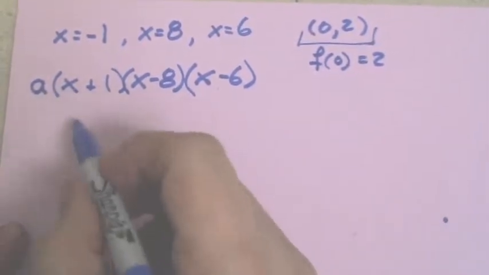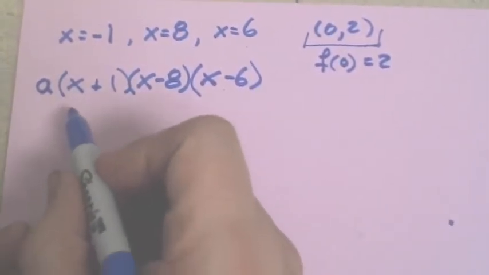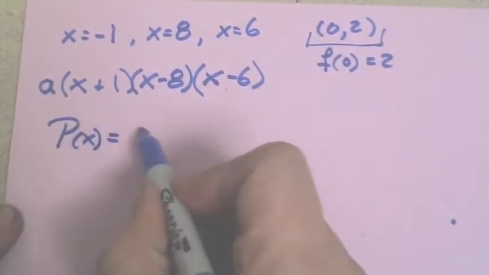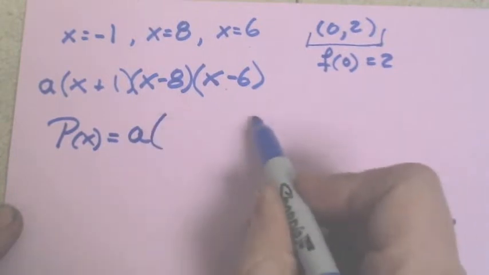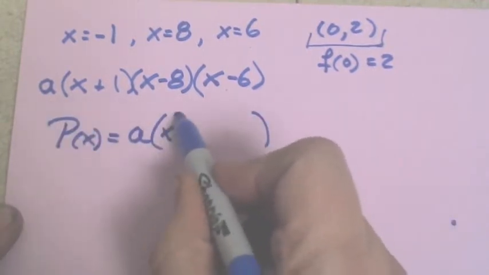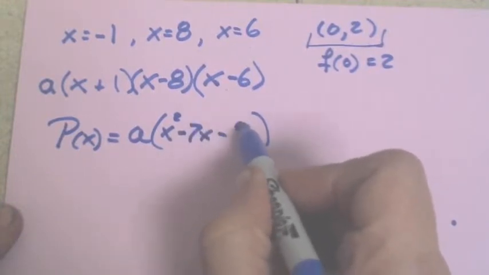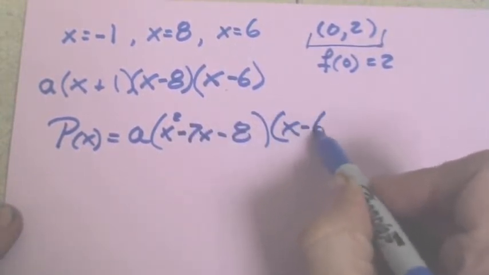So we could certainly multiply this together. We're supposed to build a polynomial, so we probably should. Our polynomial is going to be of the form a times, multiply this together, what do we get here, x squared minus 7x minus 8, times x minus 6.